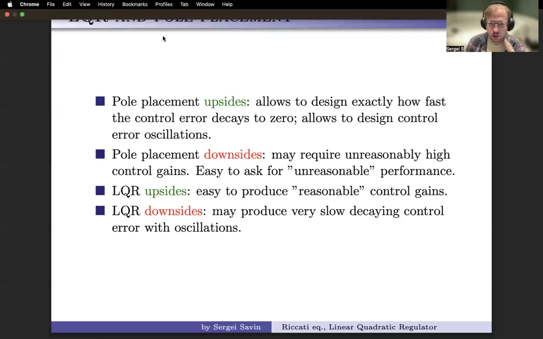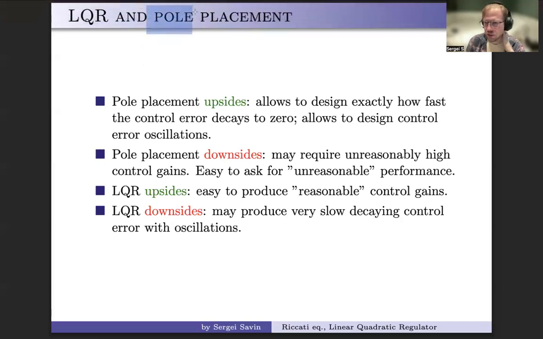So you remember pole placement? You studied it in practice. Basically, a method where you find such k that your poles, so your eigenvalues, have the correct values. Right? Now, pole placement has advantages. It allows you to design precisely how fast your control error goes to zero.